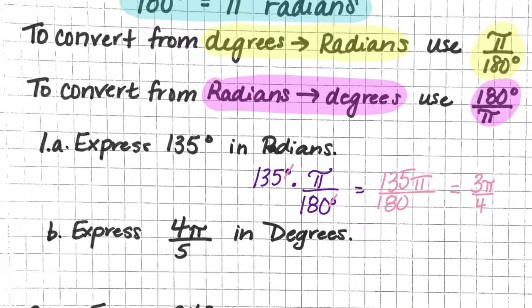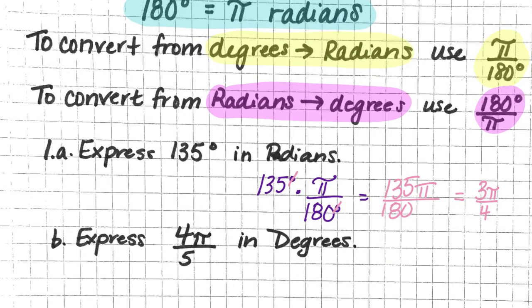All right, the next question's asking us to express 4 pi over 5 in degrees. Well, if I look at my bright pink, it says to go from radians to degrees, use 180 over pi. So I have 4 pi over 5, and I'm just going to multiply that by 180 over pi. And notice what happens with my pi's. They do cancel out.